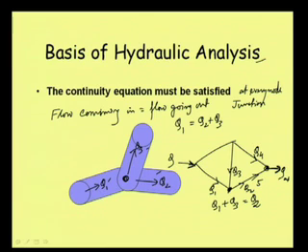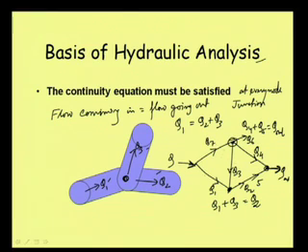We will say at this point that Q4 plus Q5 must be equal to Q out. Similarly, here also if there is a discharge like this, say Q6 is going, let me give a name, this be Q6, then say this is Q7, then we can write the continuity condition.